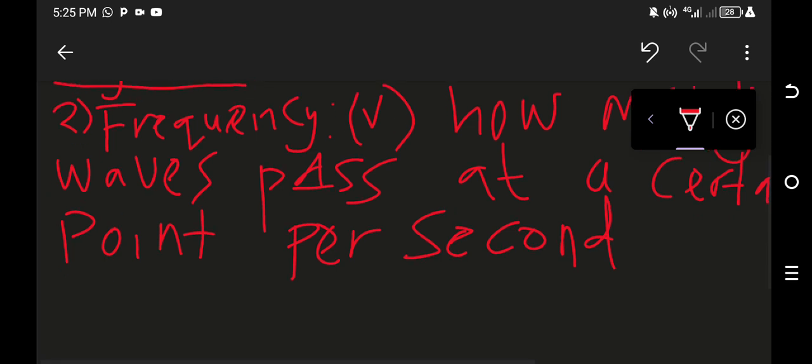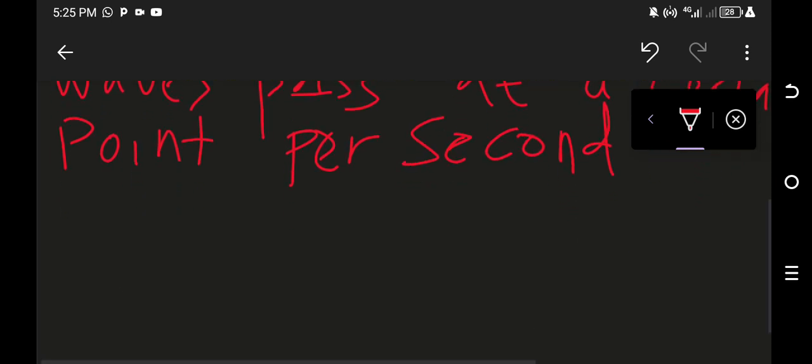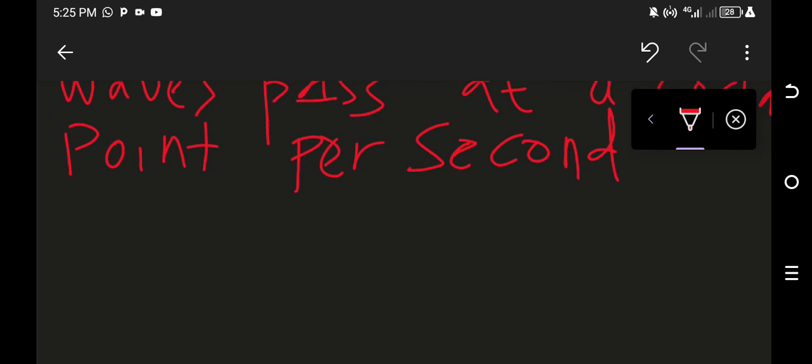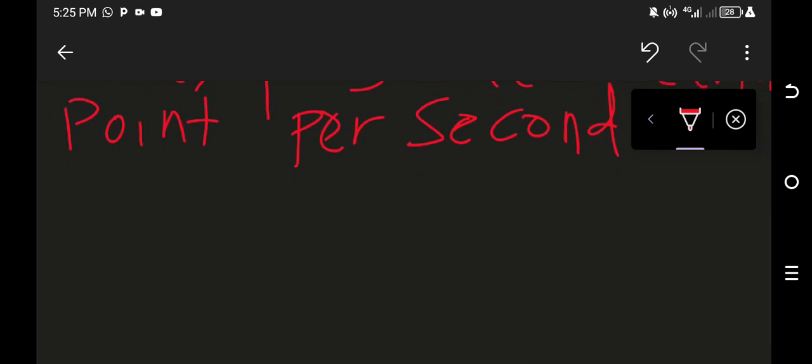And what is the last characteristic? The last one is speed. They all have the same speed.